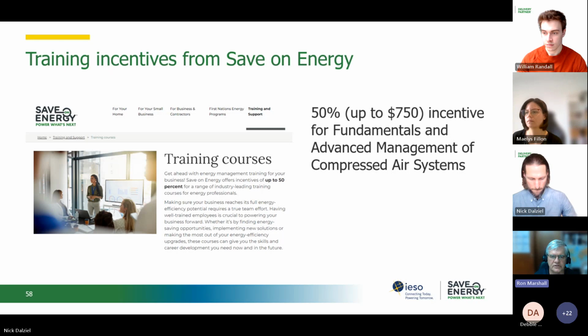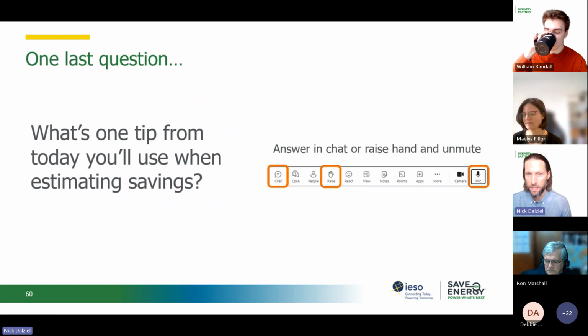If you look at the compressedairchallenge.org calendar, there are other sessions throughout the year that people could take as well. And it says on the IESO website that the 50% rebate could be gained by anyone in Ontario. Absolutely. Okay, and that is basically it.